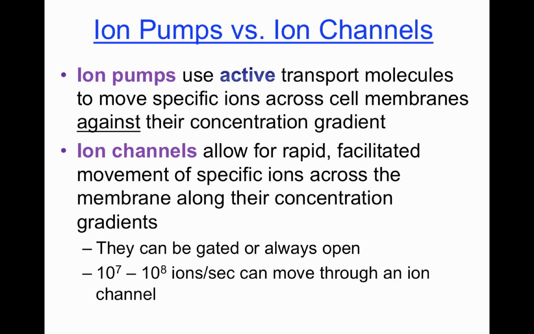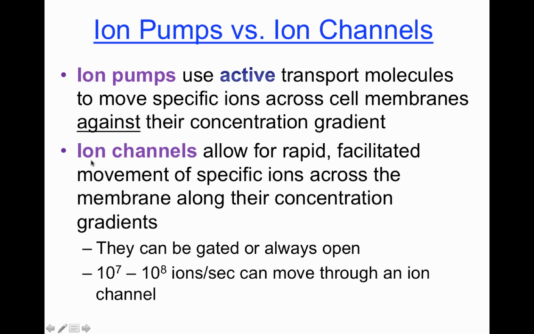Channels are protein molecules that allow for the rapid, facilitated movement of specific ions across the membrane, using their concentration gradients. So an ion channel is a facilitated diffusion kind of molecule, versus an ion pump, which uses active transport.